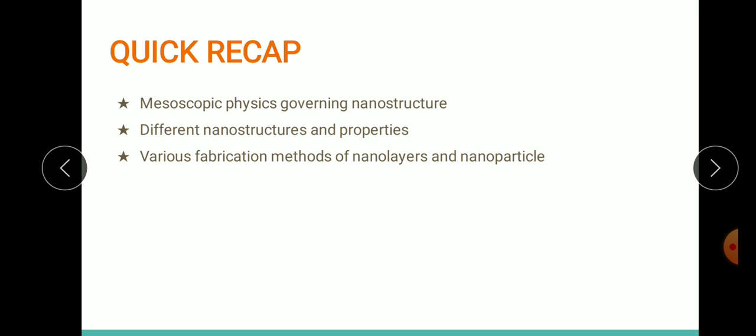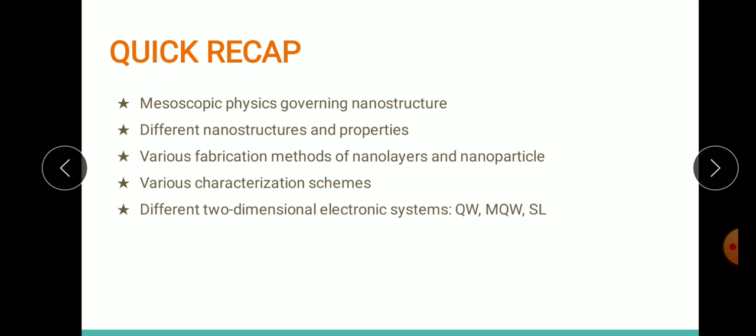And later, in the third module, we focused on the characterization schemes. We had a number of characterization schemes for analyzing the physical as well as the chemical properties of a nanomaterial. So we discussed that. And finally, in the fourth module, we focused basically on the two-dimensional electronic systems.